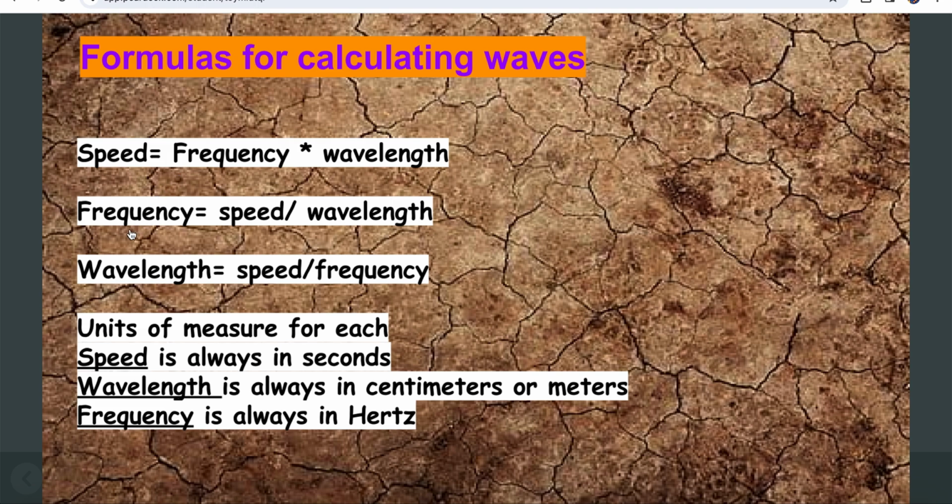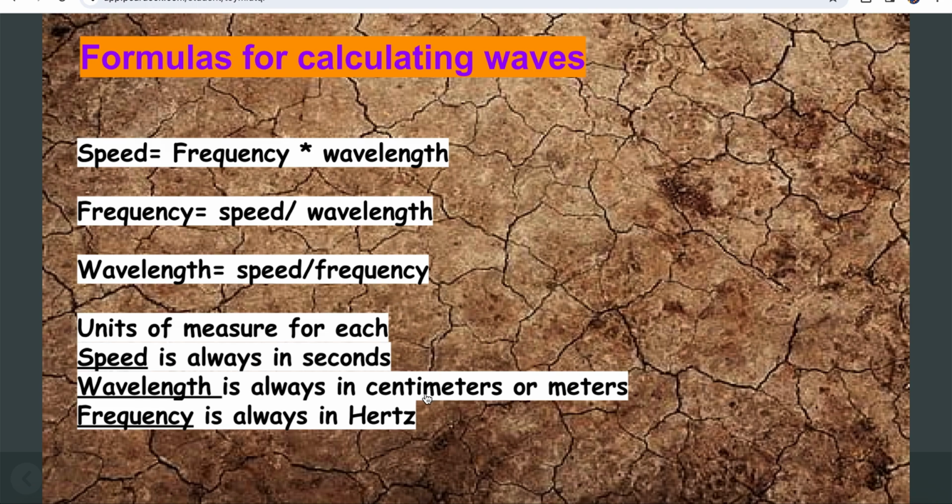Now, for frequency, we have to take the speed, which is usually going to be a distance, whether it's centimeters or meters, per second. It's always going to be in seconds, okay? And we divide that by the wavelength, which is a measure of distance, which, for me, I'm not going to go nuts into stuff like nanometers, which would be gamma rays. That would be super, super crazy.